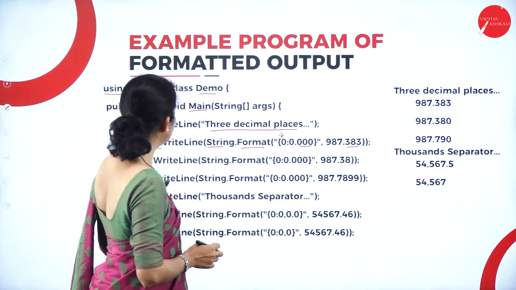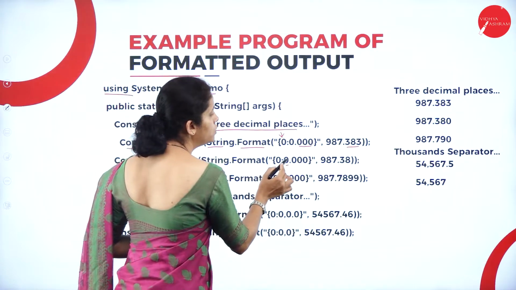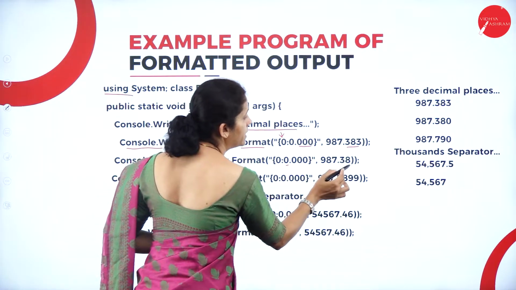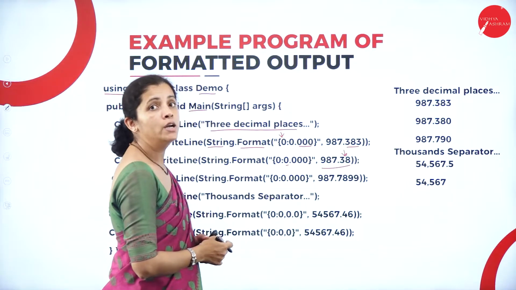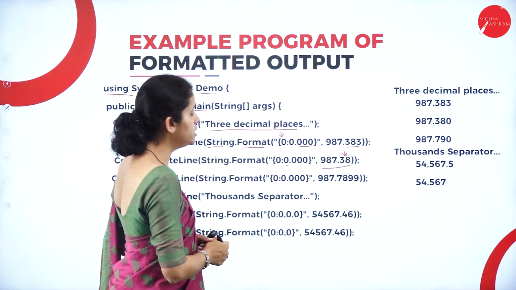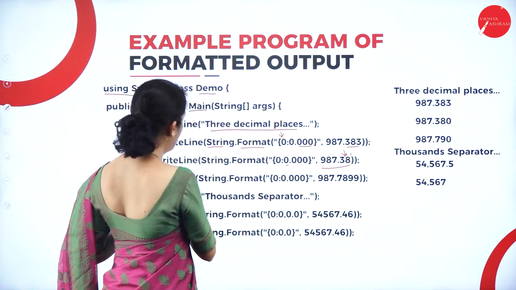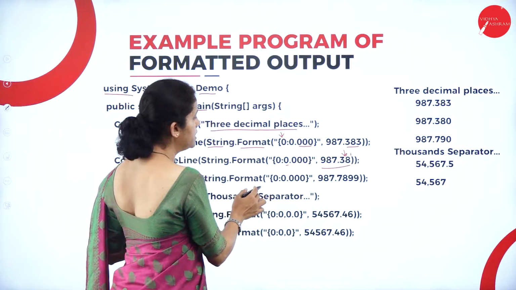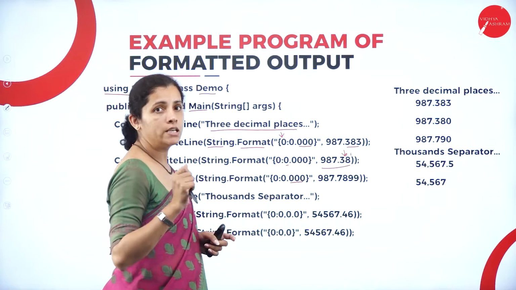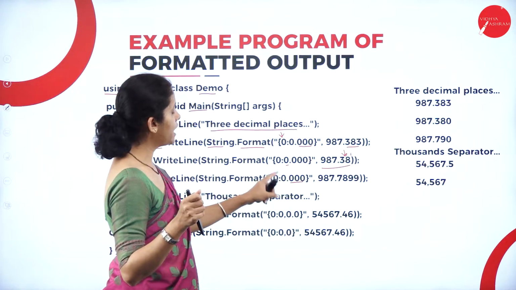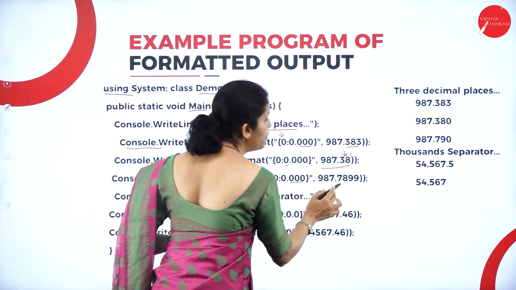Now if I consider the second one, see here 0.00. In this one, after the dot I have only 2 decimal digits. Now I want to make this one 3. Now if I consider the third one, see here I have 3 decimals. That means after my fraction I want to have only 3 decimals, but here I have 4.